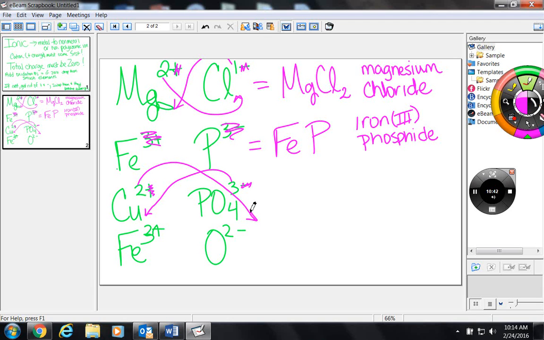So Cu3(PO4)2. The name of this is what? Copper phosphate. Copper what? Copper 2, because it comes from the charge of the copper.